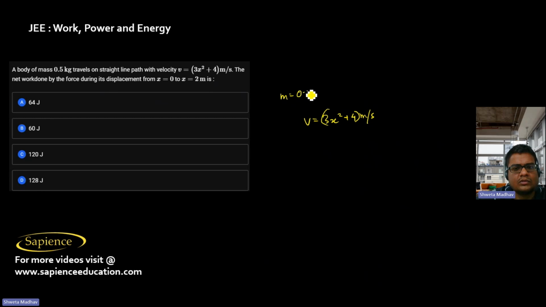The mass of the body is 0.5 kg. The net work done by the force during its displacement from x equal to 0 to x equal to 2.